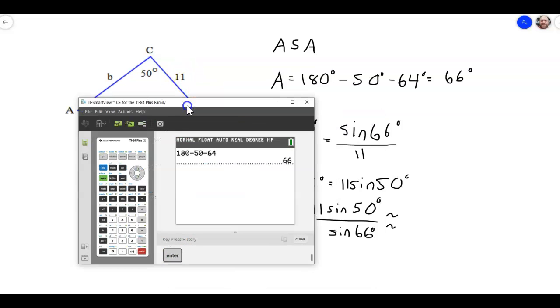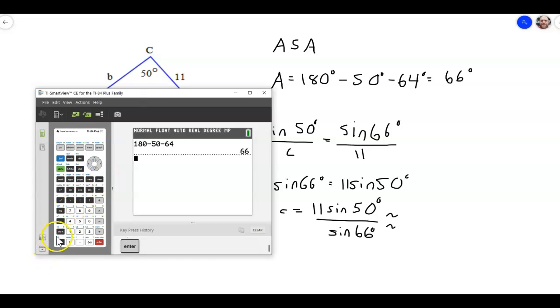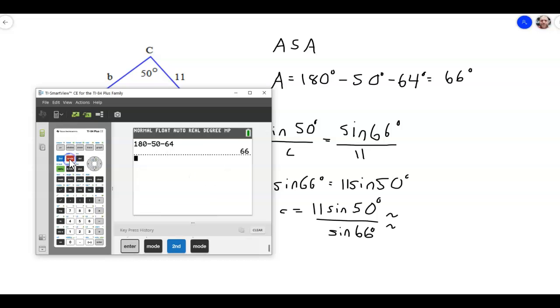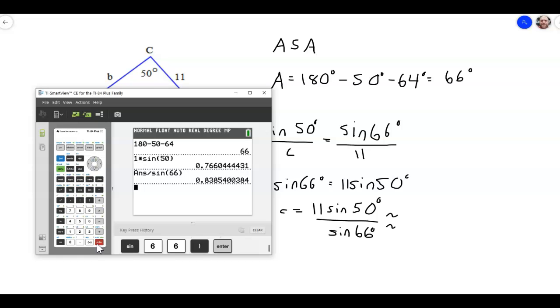Let's make sure that we are in degrees, which we are. So 11 times the sine of 50 degrees, enter, divided by the sine of 66. Oh, I didn't do 11, I did 1.